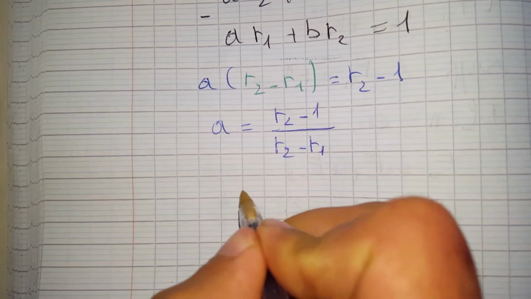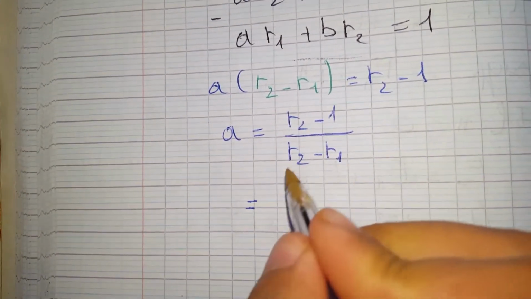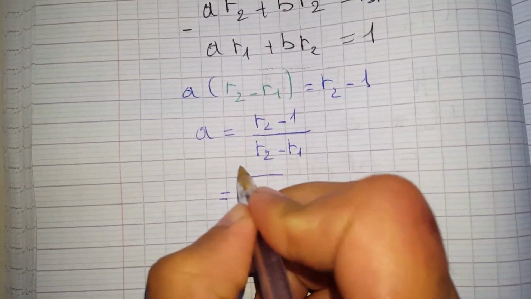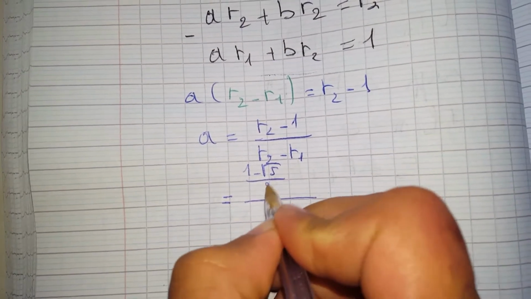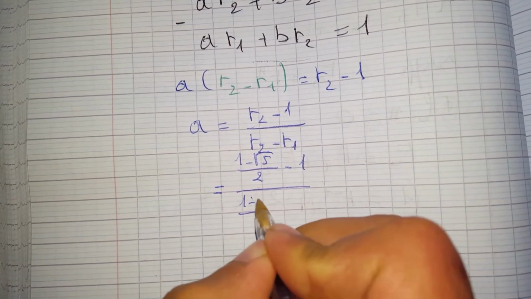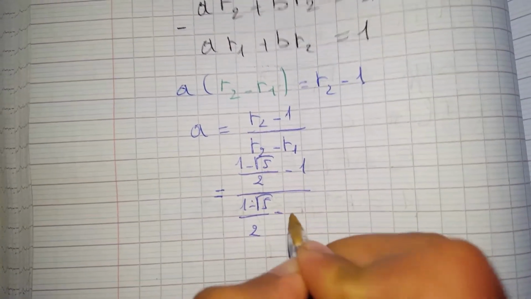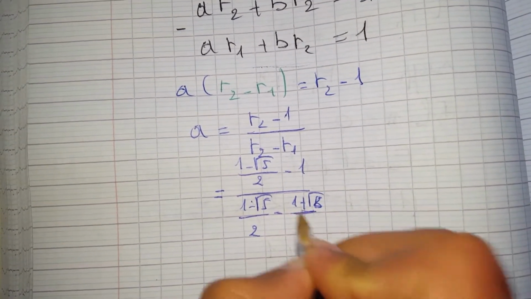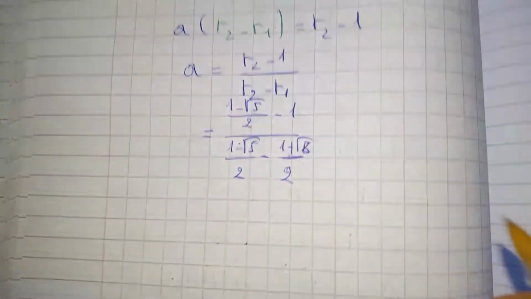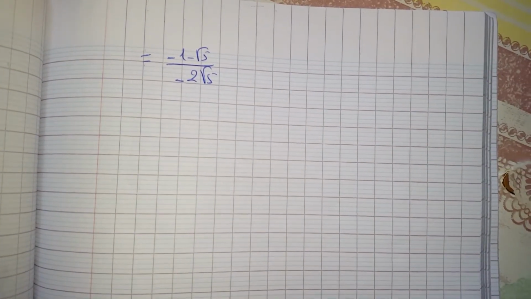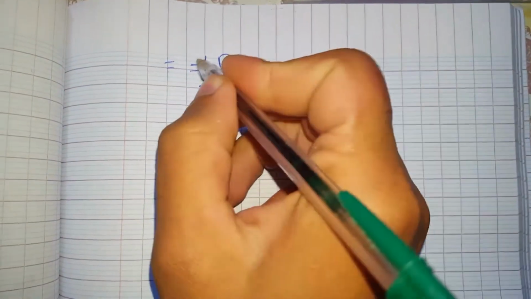I will give r2 and r1 their values, so I will get 1 minus square root of 5 over 2 minus 1 over 1 minus square root of 5 over 2 minus 1 plus square root of 5 over 2, and it will give me minus 1 minus square root of 5 over minus 2 multiplied by square root of 5.